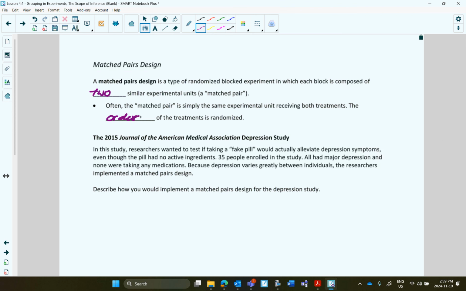So before I go on to this depression study, let me give you another example. Let's say we want to see, does music help students study better in this AP Stats class? I could match one of two ways.